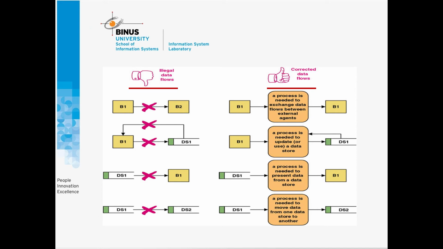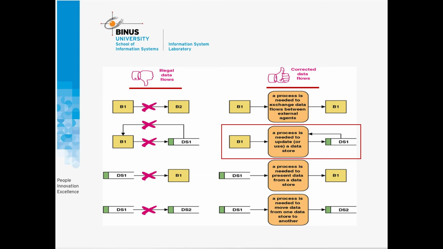Here is an overview of the data flow. We can note that there are illegal data flows and correct data flows. Can we conclude? In a data flow diagram, you cannot connect data flows without some processing occurring. It means data cannot move from external entity to external entity directly, or from external entity to data store directly. Data flow must go through a process.